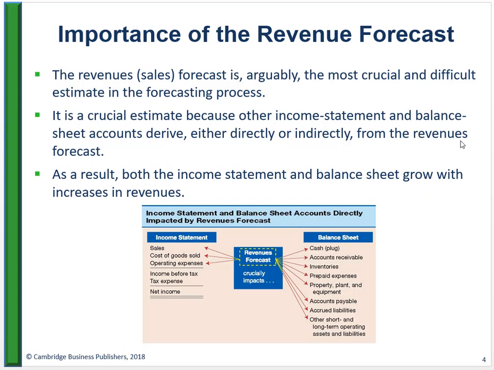And then the revenue forecast will similarly affect the balance sheet, as most of those items that you see there on the bottom of the page have a tendency over time to fluctuate with sales, which makes sense, right? Take accounts receivable as a primary example. As your sales grow, your percentage of sales sold on credit will similarly grow, and your accounts receivable account that shows up on the balance sheet should be a function of that.